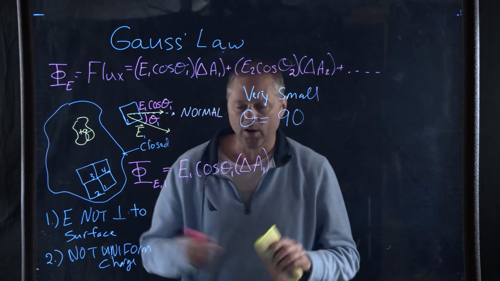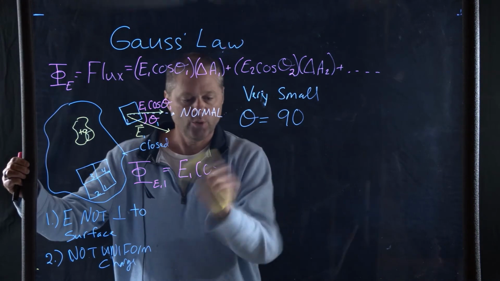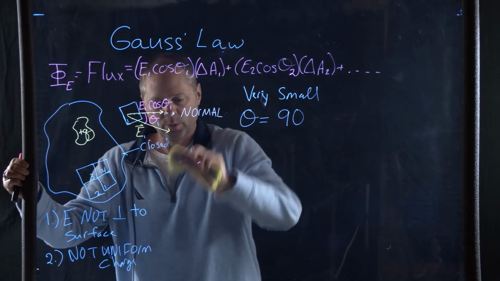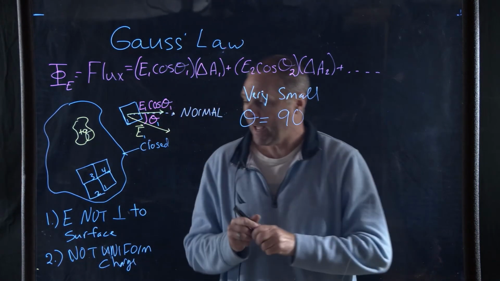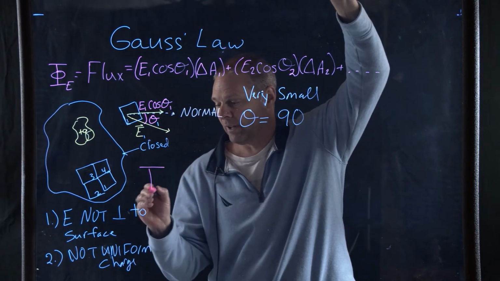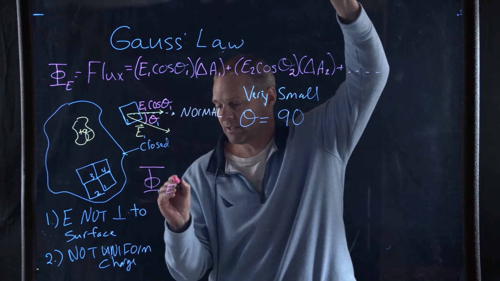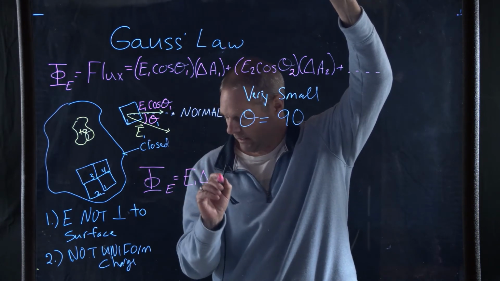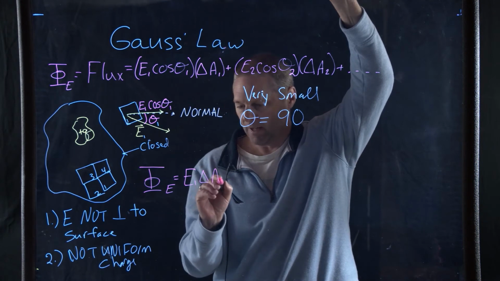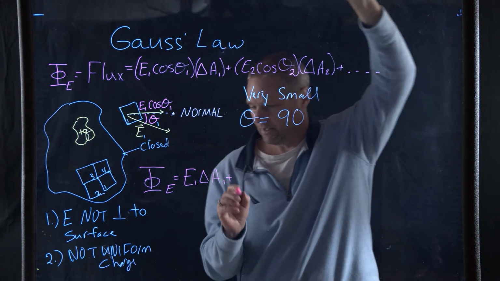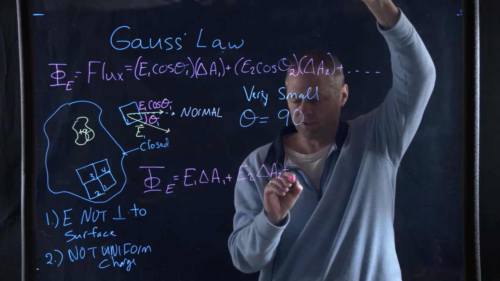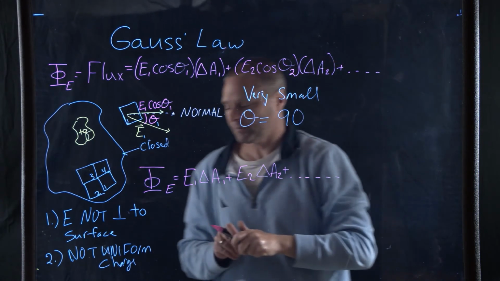And so now our total electric flux is going to be equal to E1 delta A1 plus E2 delta A2, plus it goes on and on.